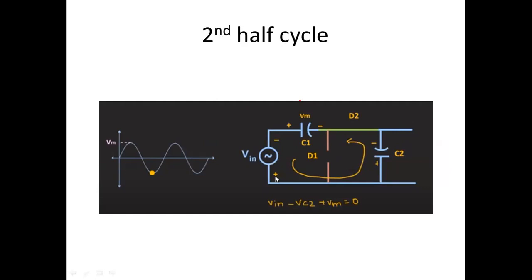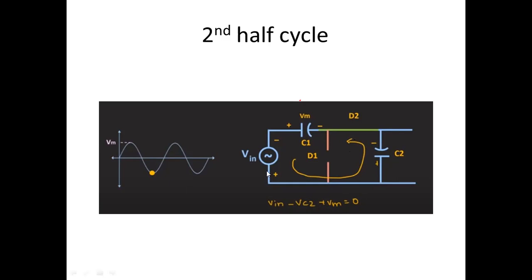By KVL you can find the voltage across the capacitor, because this is a single loop. D1 is open circuit, so the loop is like this. Vin is the source, minus Vc2 plus Vm. From either side you can apply KVL.